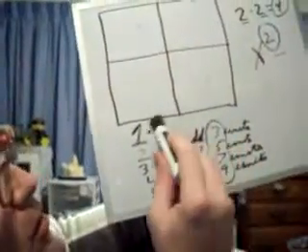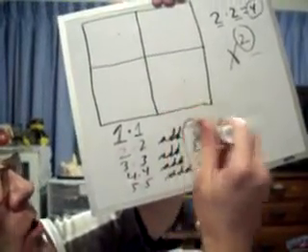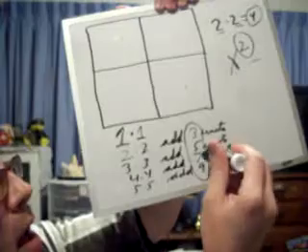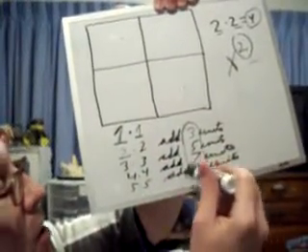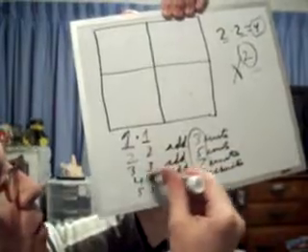That's a guarantee. You can see it right here. We added 3 units to the 1 to make it a 2 by 2. We added 5 units to the 2 by 2 to make it a 3 by 3. We added 7 units to the 3 by 3 to make it a 4 by 4. And we added 9 units to the 4 by 4 to make it a 5 by 5. And that's what we did.